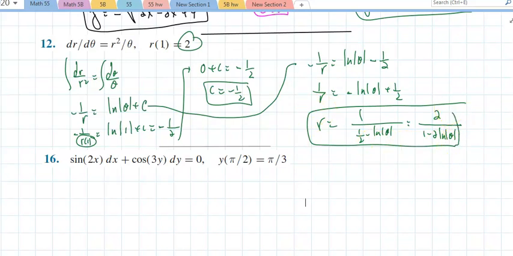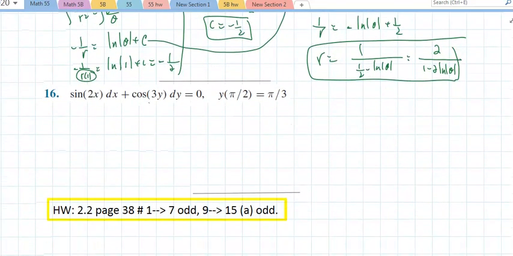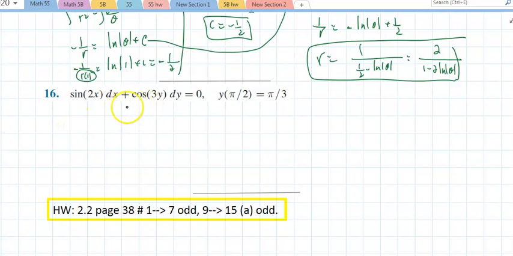And 16 is the last problem. And there's the homework. So let's look at 16. If I really want to separate those, well, they're already separated. I could say that cosine of 3y dy is going to equal negative the sine of 2x dx.